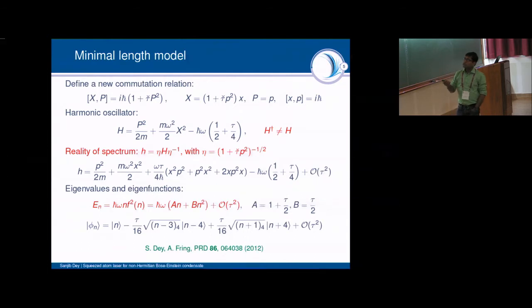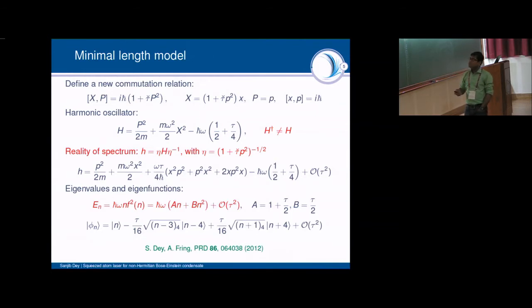What is important is that we don't look at this now, but let's look at this, which is a harmonic oscillator Hamiltonian plus some nonlinear terms. There is a deformation parameter tau, which is coming from the signature of this deformed relation, and this is nothing but a nonlinear system. I think there has already been a lot of discussion regarding the nonlinearity, and that can be understood in the laboratory also.